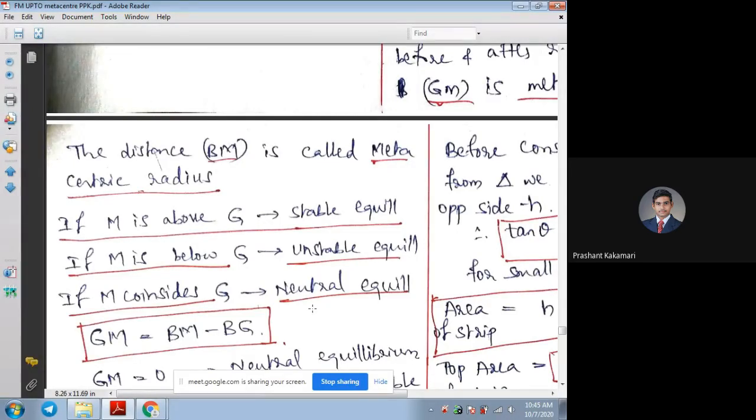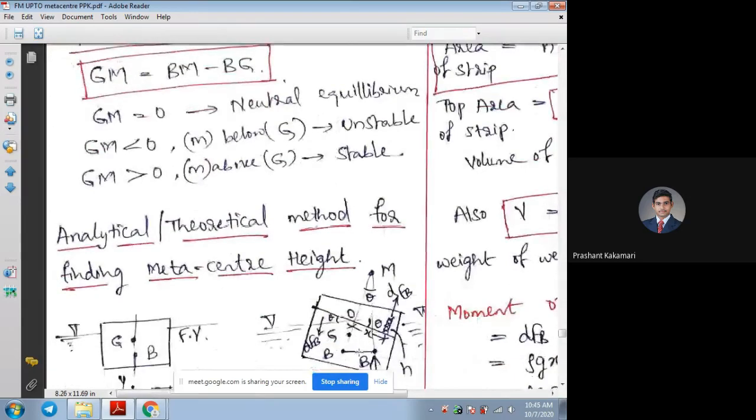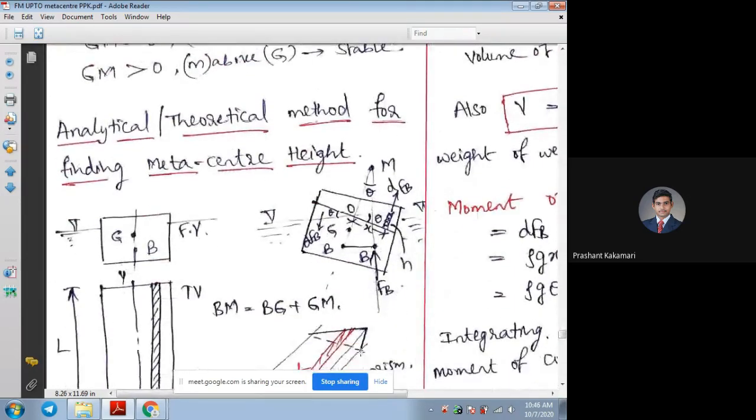So I'll just analyze the same sketch in the front and top views here. About stability, we'll see the problem so that you will understand in more detail. In the syllabus we have the theoretical or analytical method of finding the metacentric height. The experimental method is in the lab.